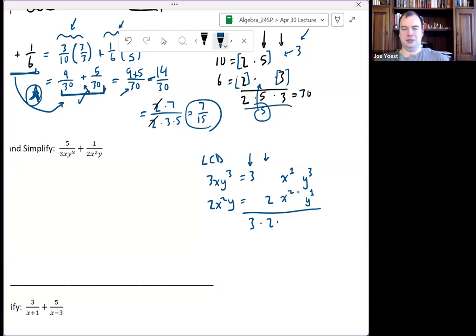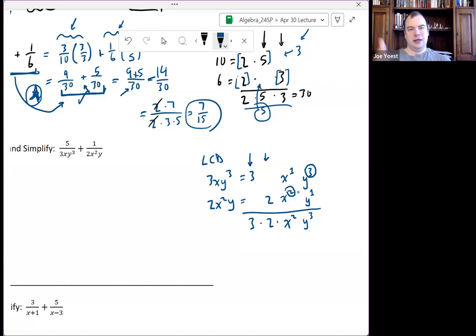Now, how many x's do I need to include? Well, I need to include the number of factors of x that's the highest power. And same for the y's. I need the highest power because if I just had x and then another column for x, I would have two factors of x. I'd have two x columns.